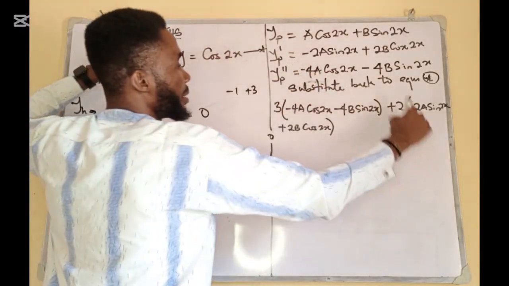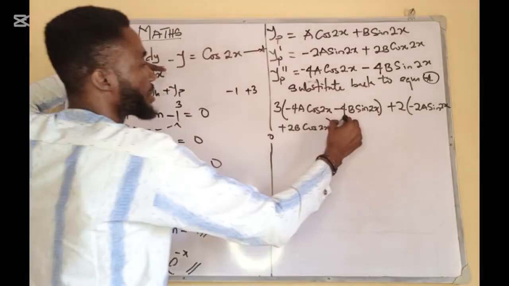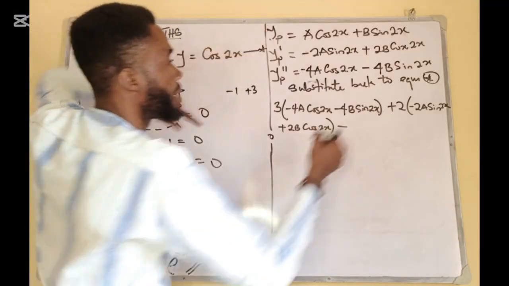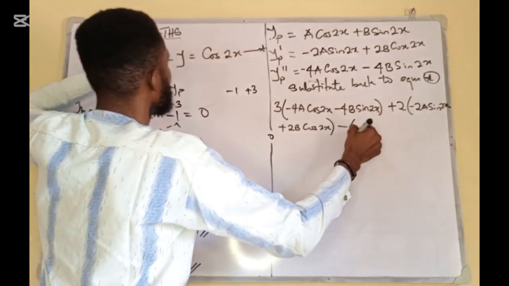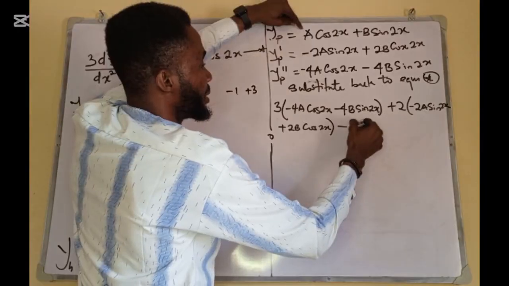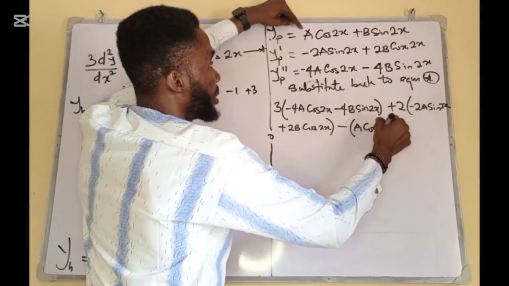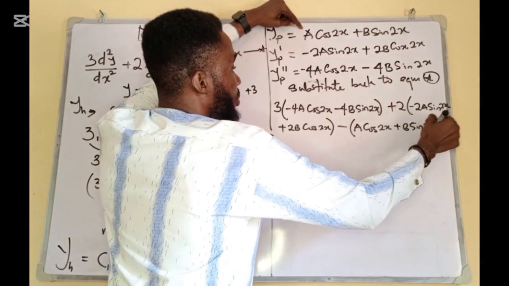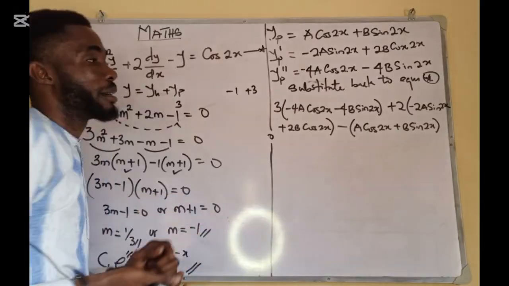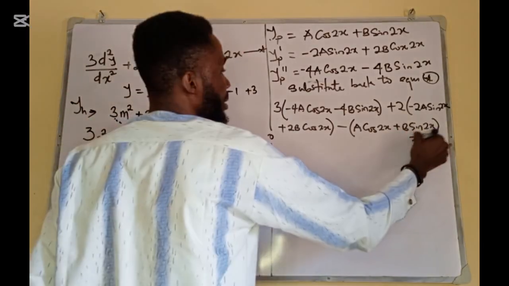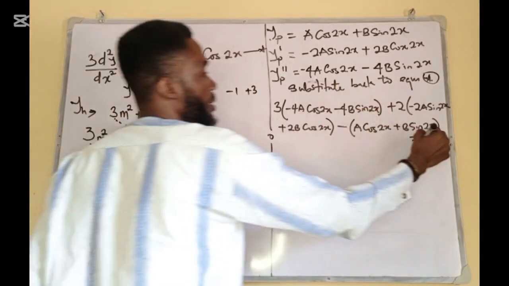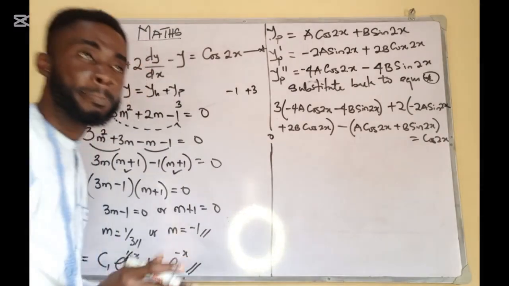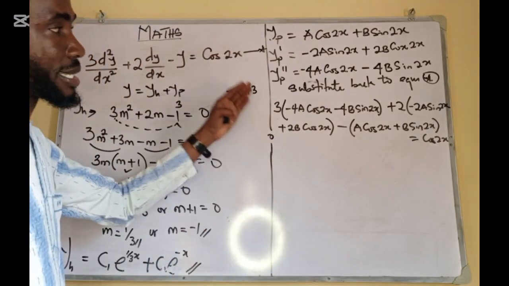Now minus y, which is my yp: minus, into a cos 2x plus b sine 2x. Remember, everything has to equal cos 2x. So next, let's expand this bracket.